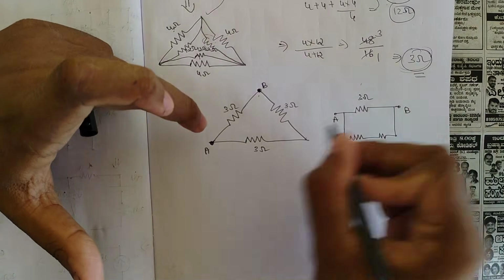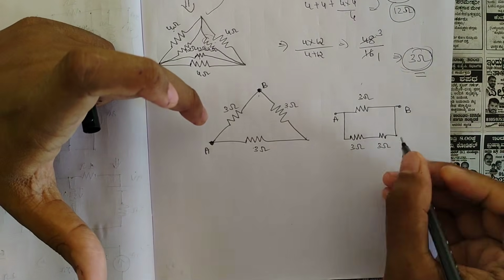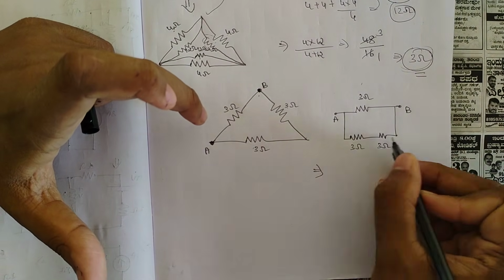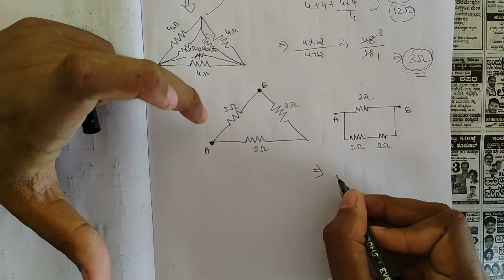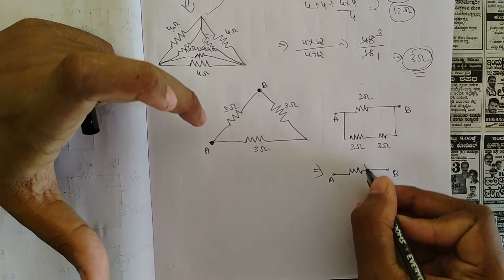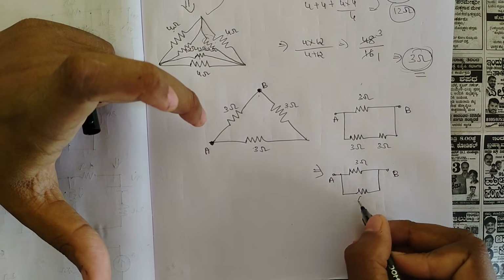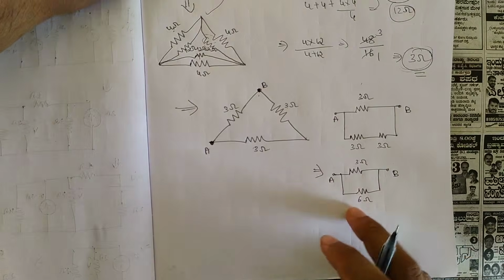This is 3 ohm, and these two in series are 3 ohm and 3 ohm. To reduce a series connection, we add them, so you would be left with 3 ohm and 3 plus 3 is 6 ohm.